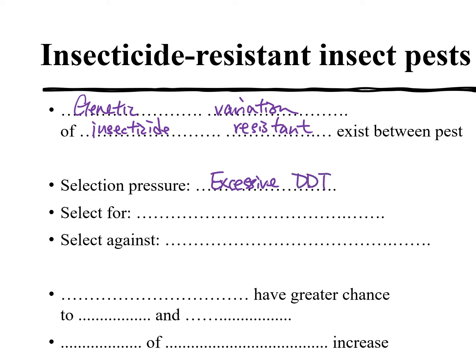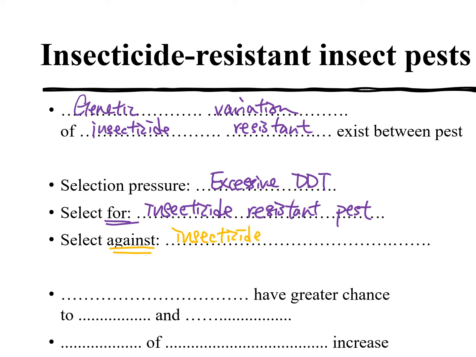Now it is selecting for the resistant pest, the insecticide-resistant mosquito, while it is selecting against, that means killing, the insecticide non-resistant pest.